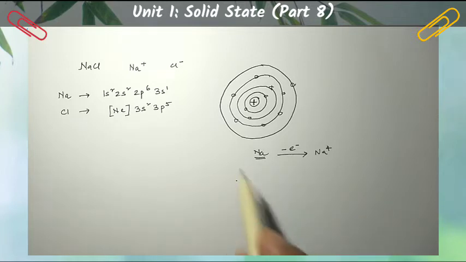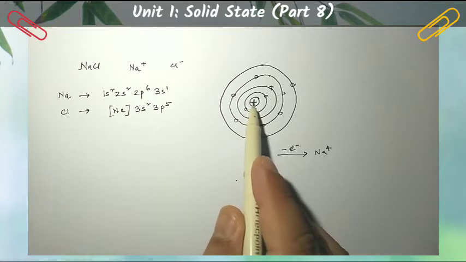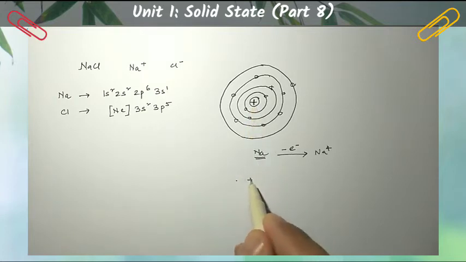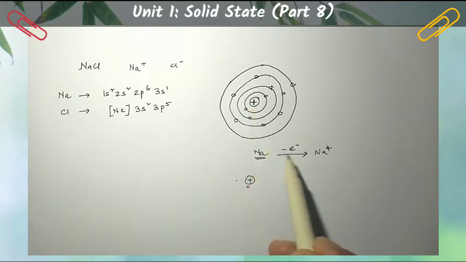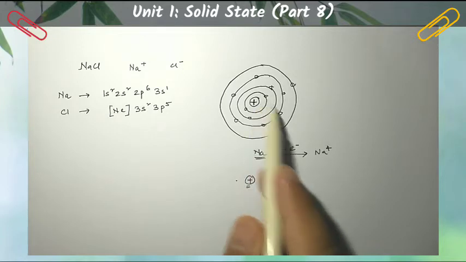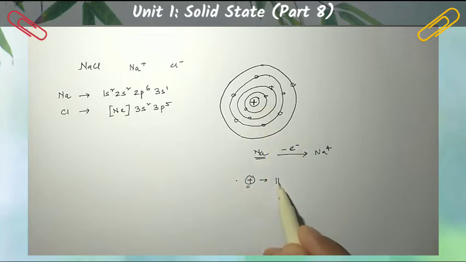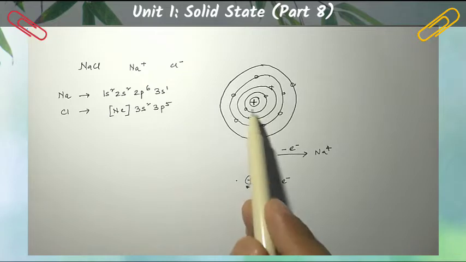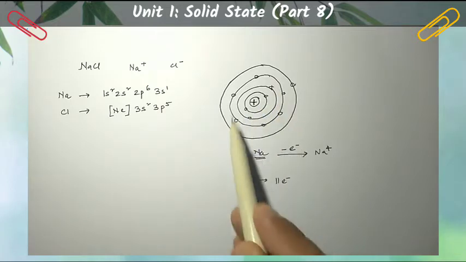Understand? So like this, actually here you see this is the positive nucleus. Before the removal of that electron, this nucleus is pulling 11 electrons. You see 1, 2, 3, 4, 5, 6, 7, 8, 9, 10, 11.